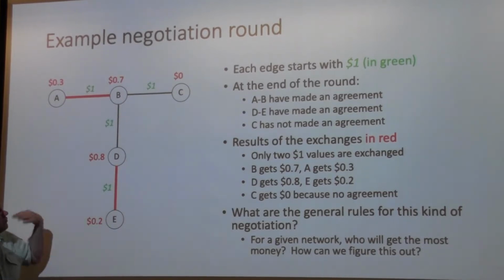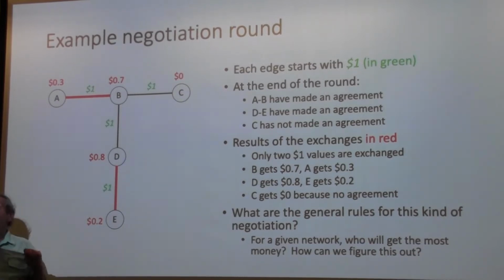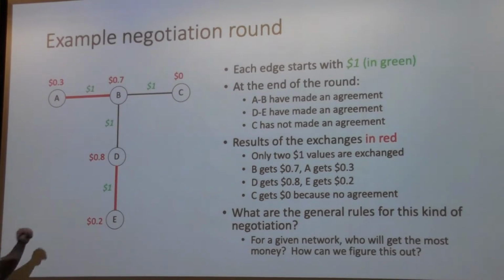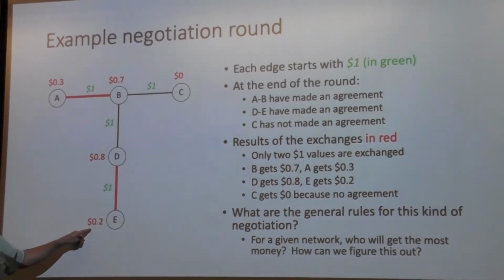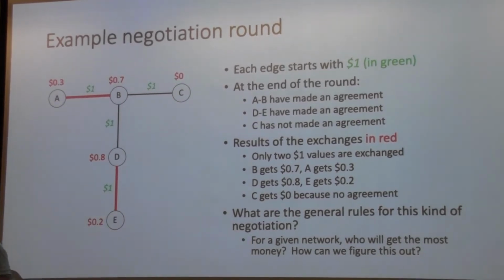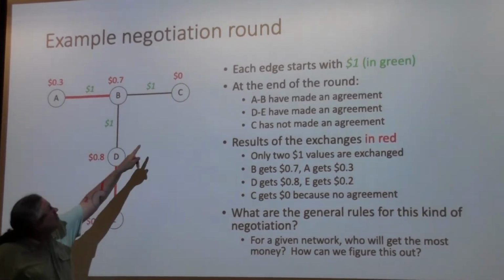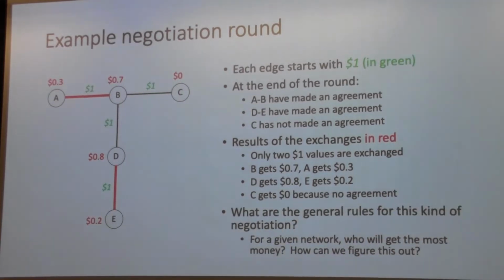In each phase, this money is split between the 2 endpoints if they agree, say D receives 80 cents and E 20 cents. This will form a matching on the graph, but not a perfect matching because some nodes are left out. You remember that model from last week.